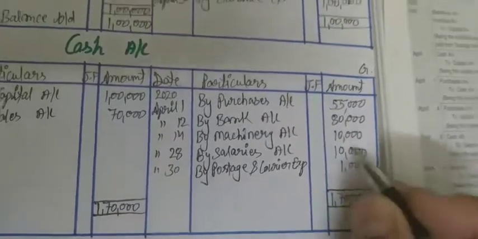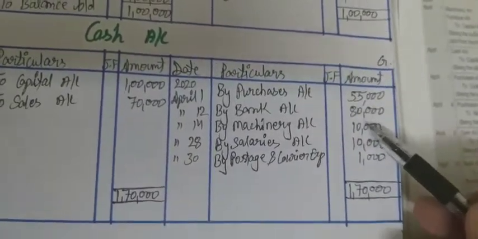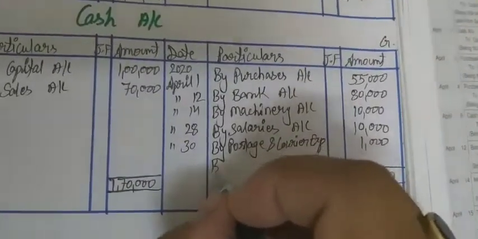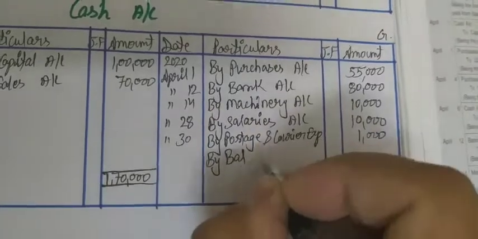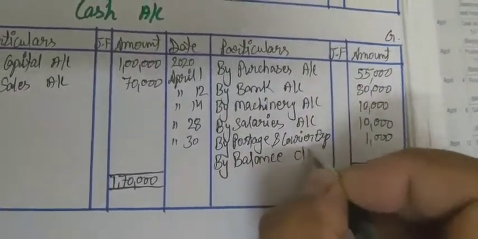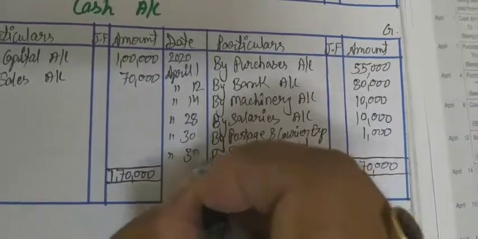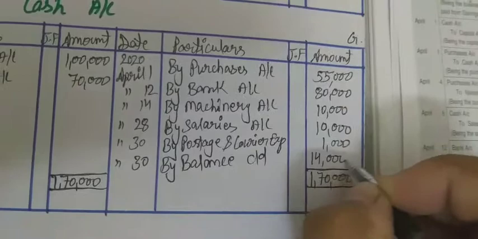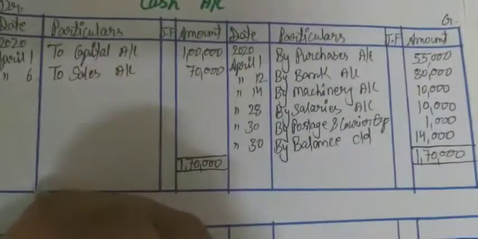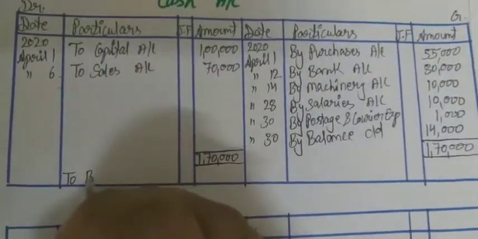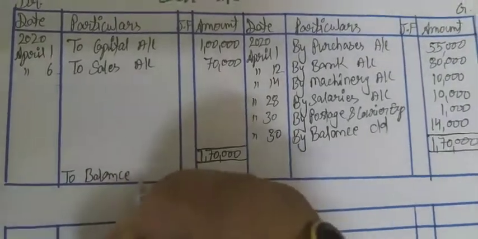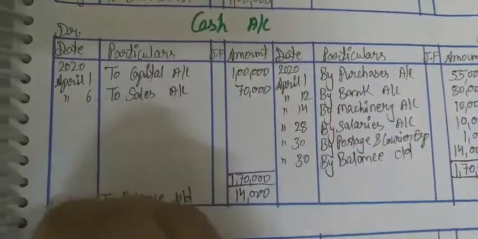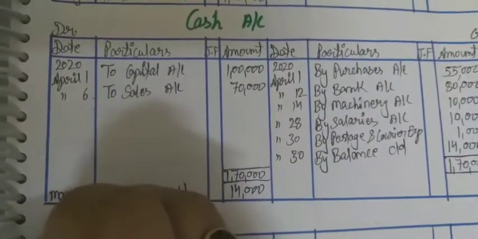From 1,70,000 we have to subtract this amount, which is 1,56,000. If we subtract 1,56,000, then by balance CD on April 30, the balance will remain 14,000. So this balance is transferred to the next month as balance BD, that is 14,000 on May 1st.